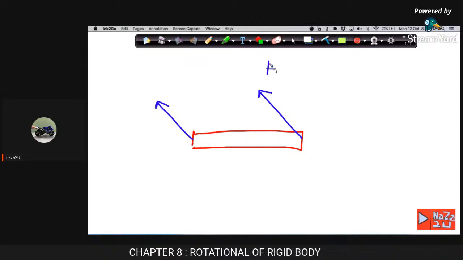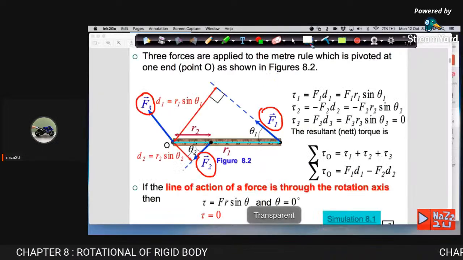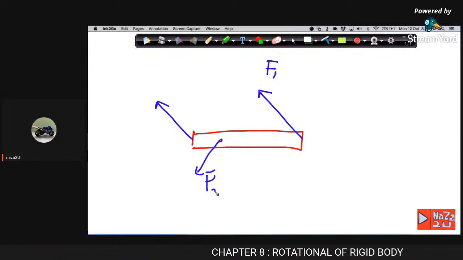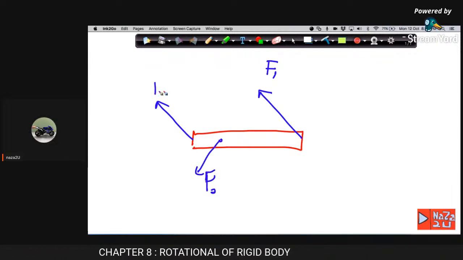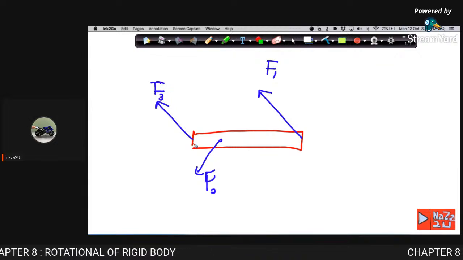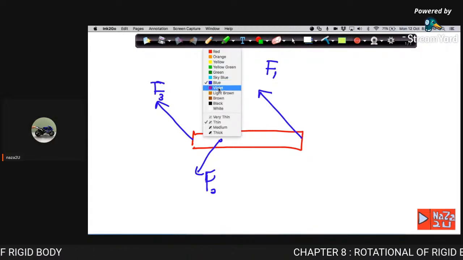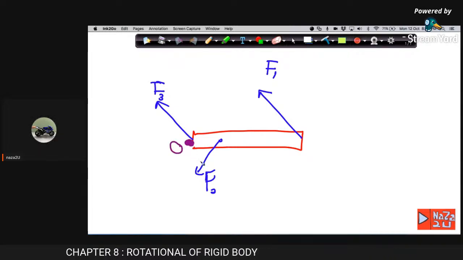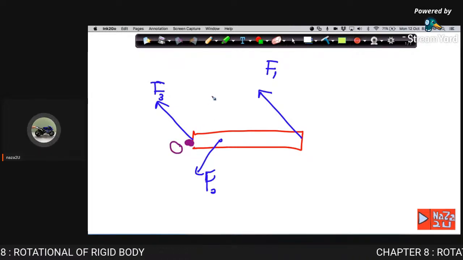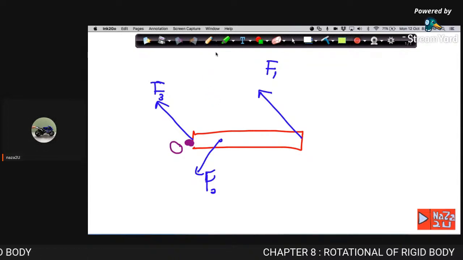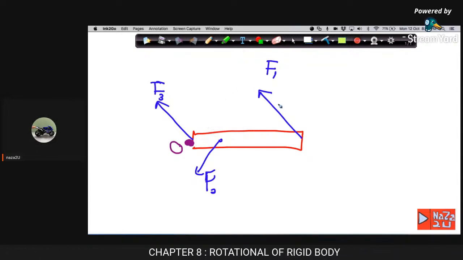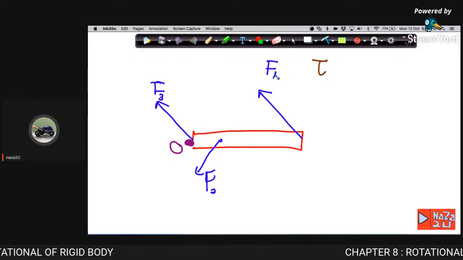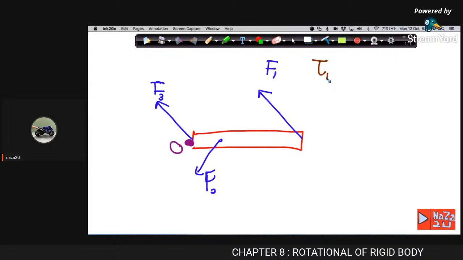This is F1, this is F2 and this is F3, and here we have a pivot point, this is O. So if you look at the situation here, torque by the force F1.